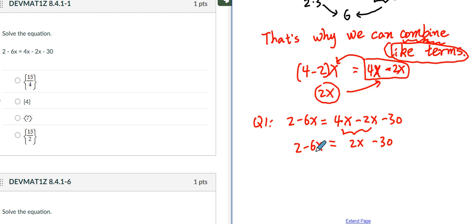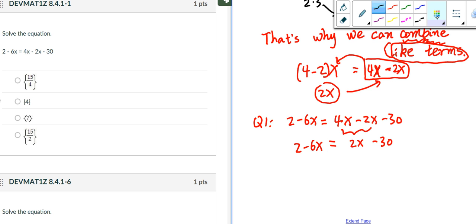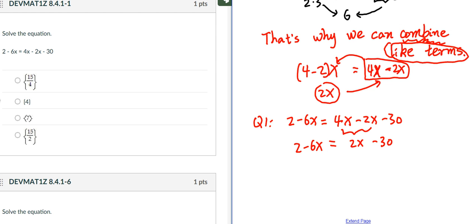Now we have a negative 6x and a positive 2x on the two sides. So we can approach this in two different ways. One approach is to add 6x on both sides. Then we can cancel the negative 6x and the positive 6x.